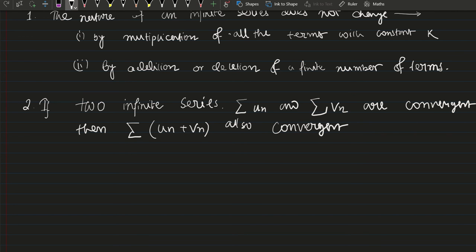This is property 2 of an infinite series.